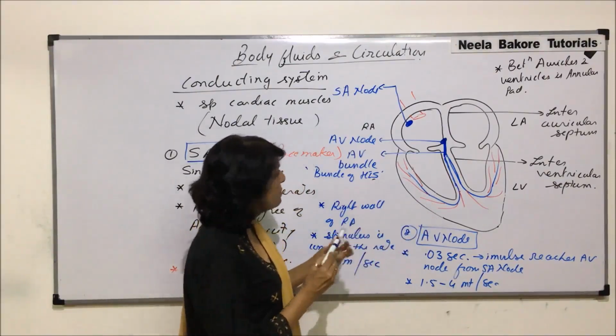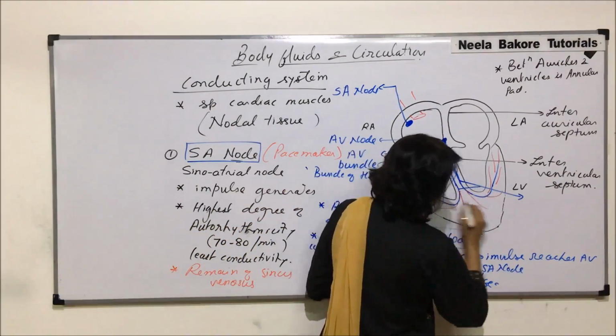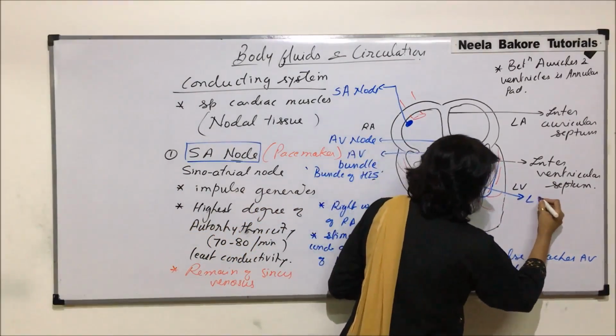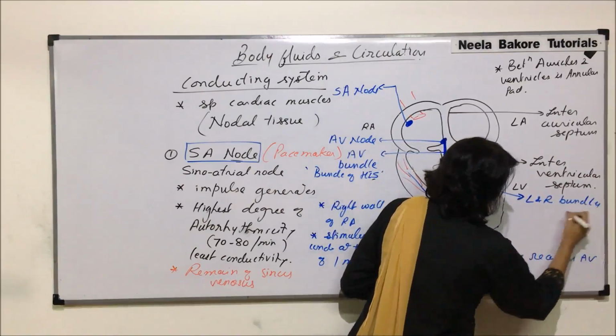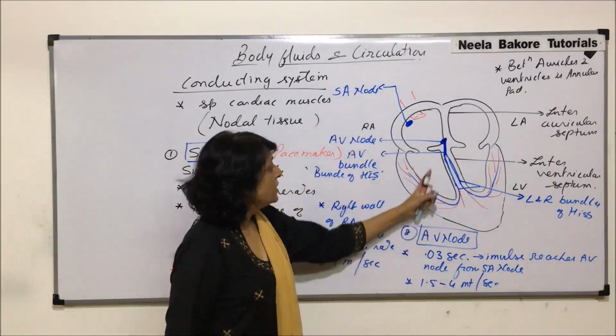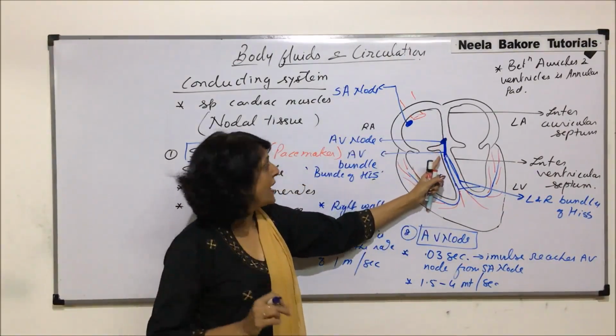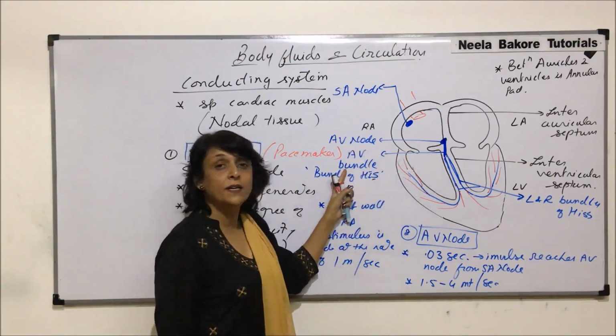So let us label these bundles first. These are known as left and right bundles of His. So from AV node arises one bundle which is known as AV bundle or bundle of His.